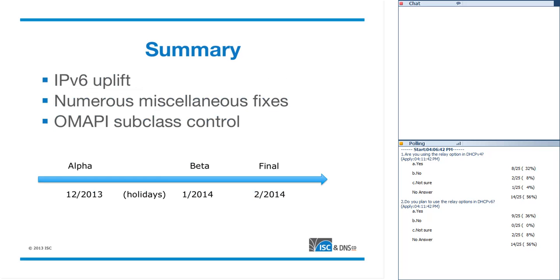So in summary, 4.3 is the IPv6 Uplift. There are other miscellaneous fixes and other features that we just listed there. There's also DDNS changes, as we talked about, and some extension of the OMAPI functionality. As far as scheduling goes, we intend for 4.3 alpha to be released this month.